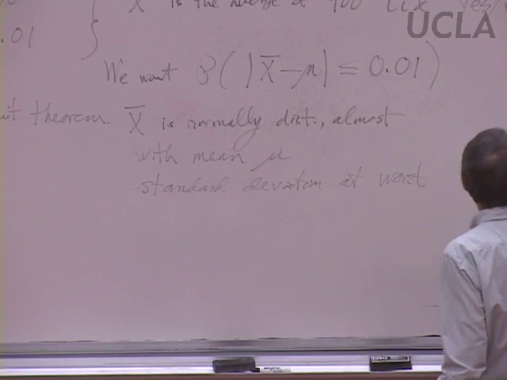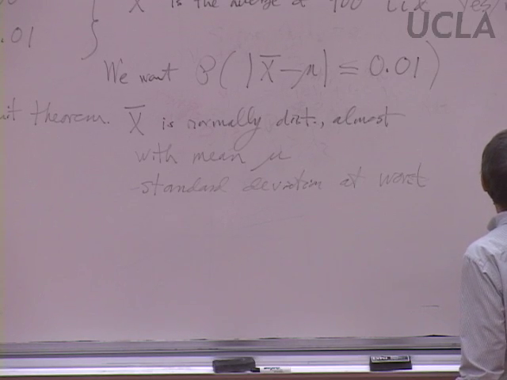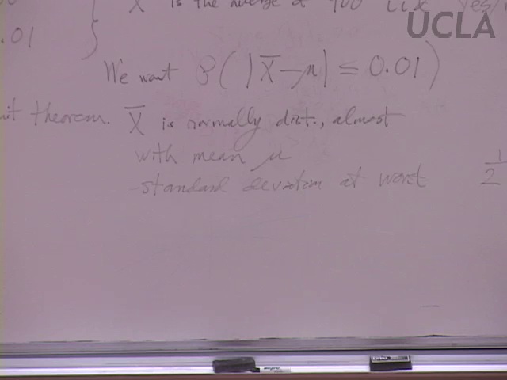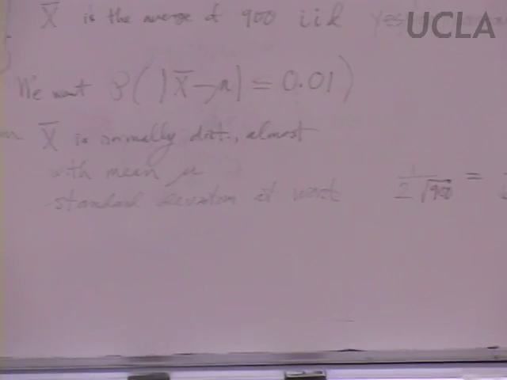So we divide a half by the square root of 900. We don't need a calculator for this. The square root of 900 is 30. So we have a half divided by the square root of 900.